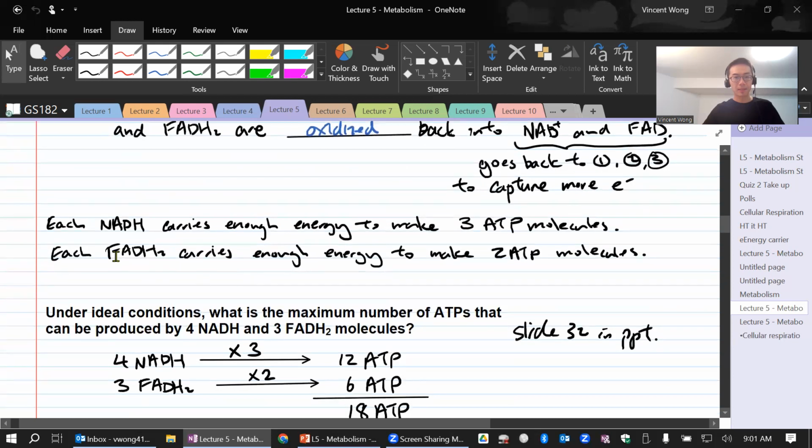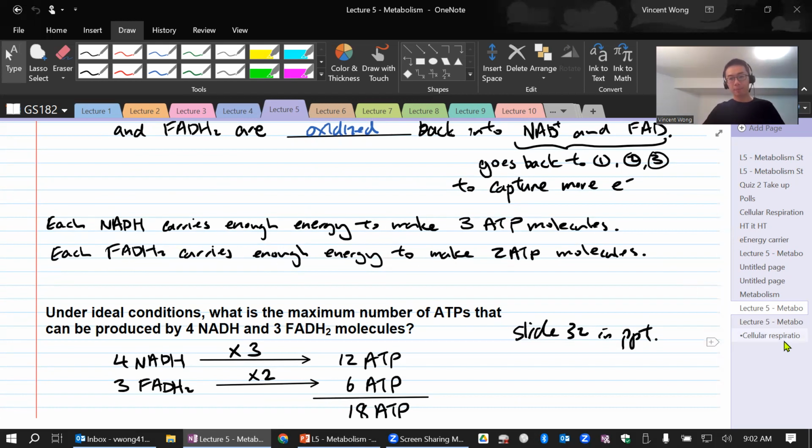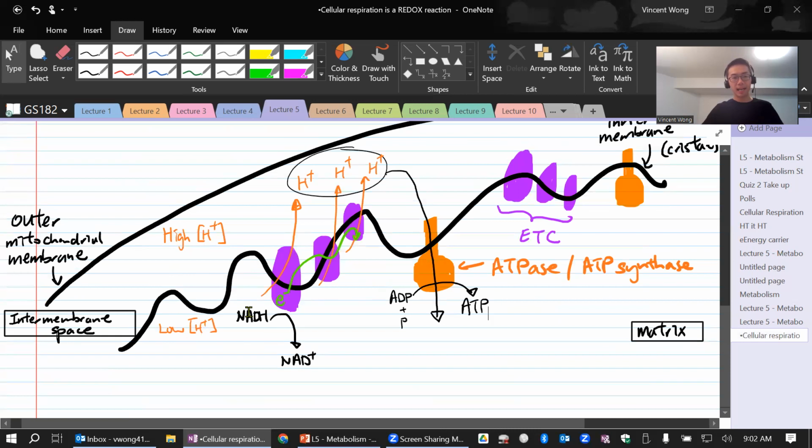Each NADH carries enough energy to make 3 ATP, and each FADH2 carries enough energy to make 2 ATP. So in this case, the NADH lets the electron off, it gets passed through, and it pumps enough H plus over so that when they come back in, you will create 3 ATP.